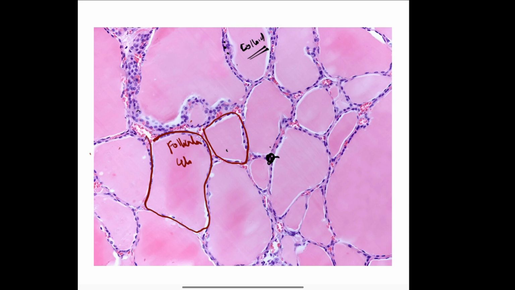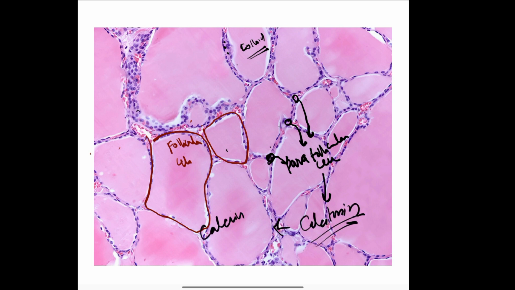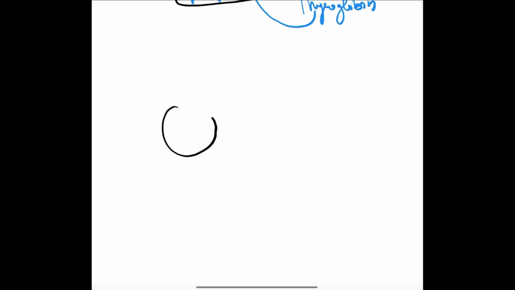In between the thyroid follicles, a structure is present called the parafollicular cells. The parafollicular cell is present here. The parafollicular cells are located in the interfollicular connective tissue. These parafollicular cells help in secretion of calcitonin. They play a role in calcium homeostasis.